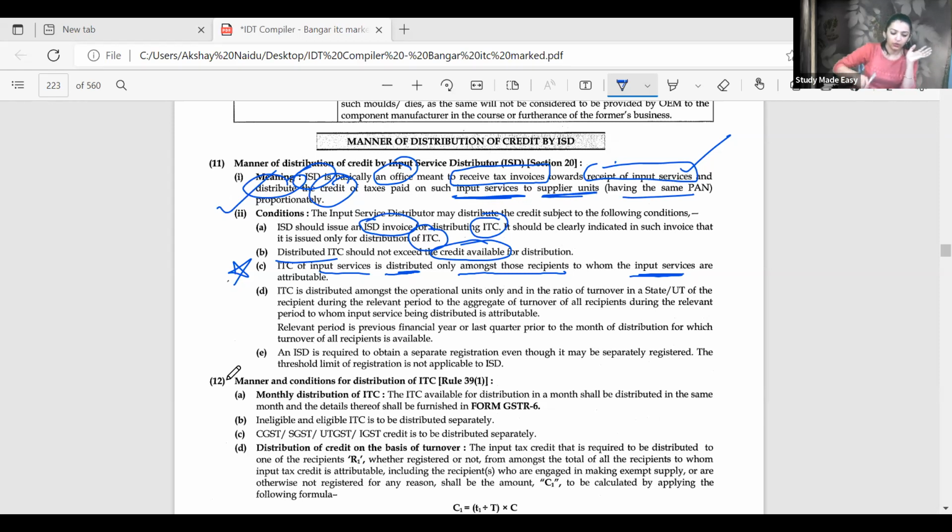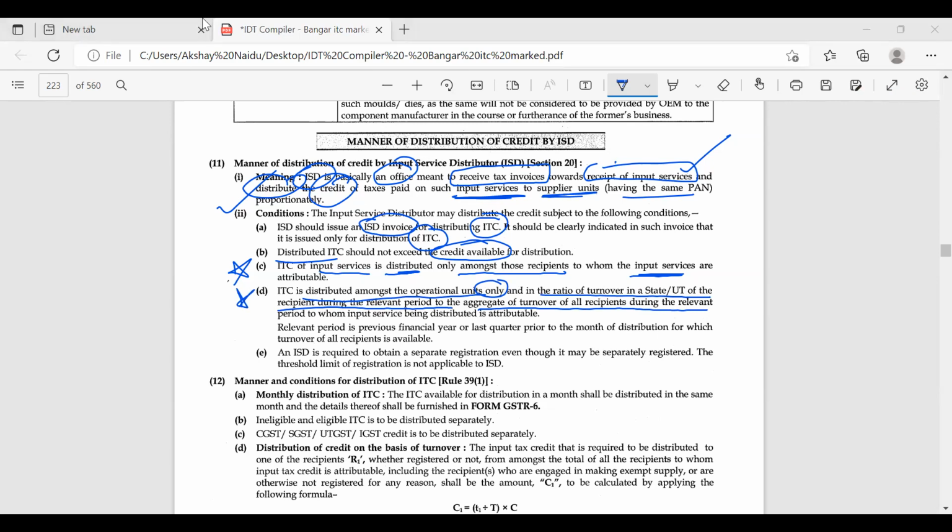Now, ITC is distributed among operational units only and in the ratio of turnover of the state of the recipient during the relevant period to aggregate turnover. Now, can you just understand this? What is being written? What is that point?